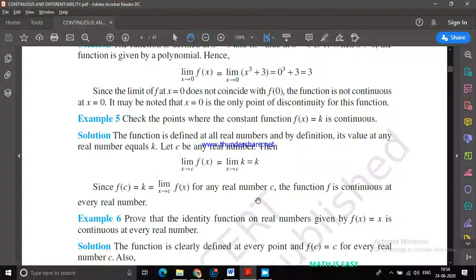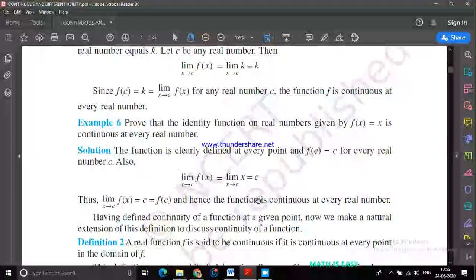Or on the left side of 2, if I take, for example, f of 1.99, that will also give me k. f of 2.001 will also give me k. It is a constant function. Whatever the x value, my y value or f of x value is going to be k only. So that's why every constant function is always continuous.